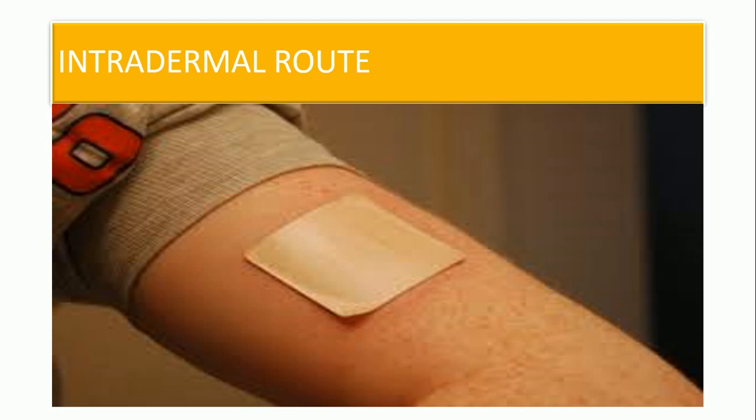Then you look at the effect, whether an induration occurs at the part where you administered the drug, or there is no induration, in order to conclude whether someone was infected or exposed to tuberculosis. So we use this route called the intradermal route.